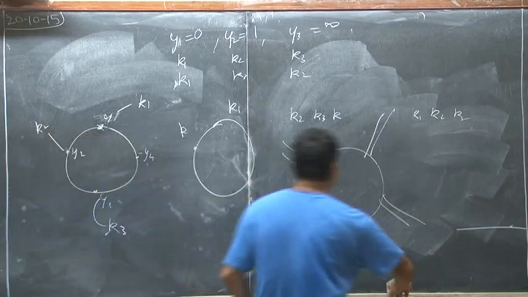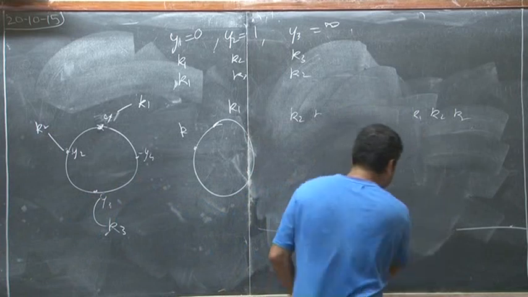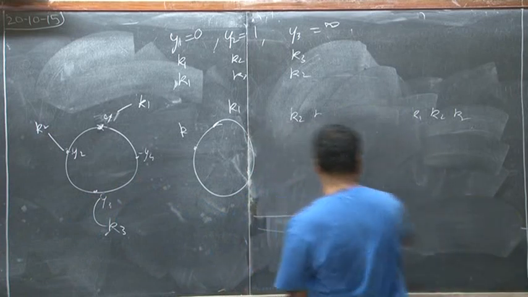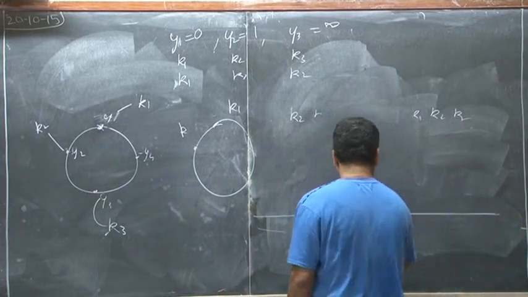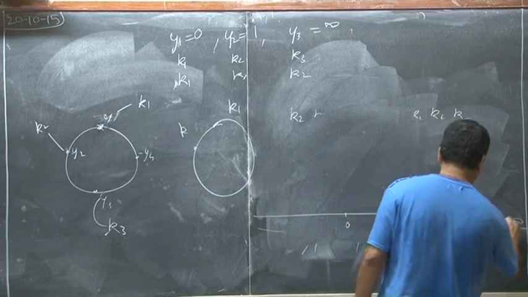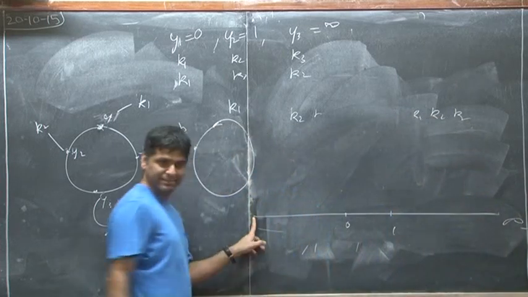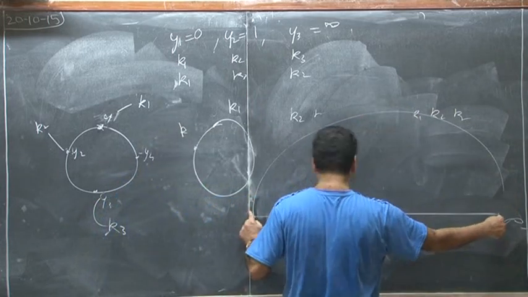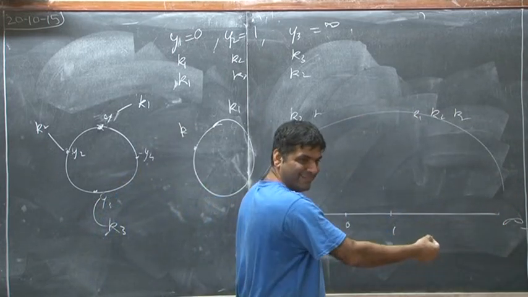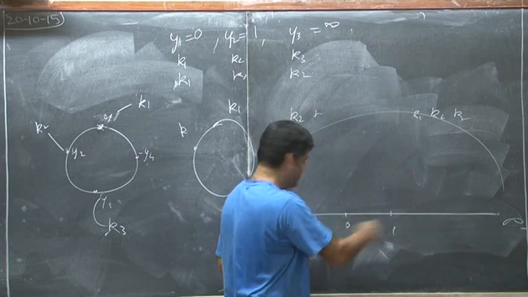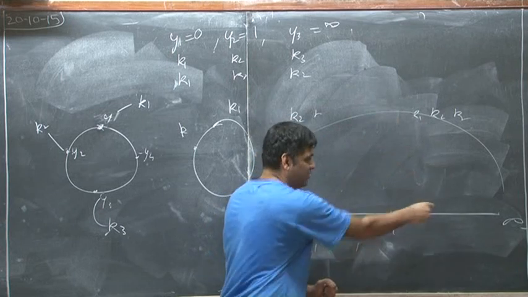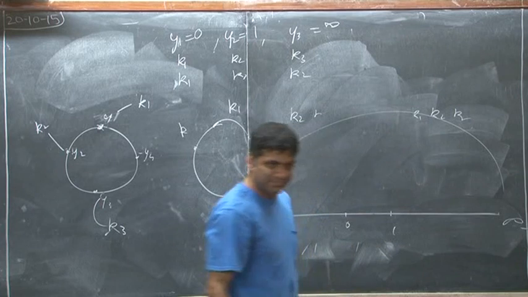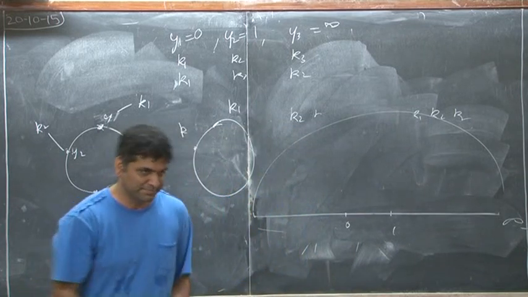Let's look at the real line: 0, 1, infinity. This is also infinity. It's identifying this point. That's the disk. So K4 could be here. Is this clear?